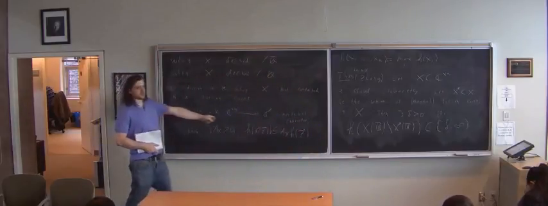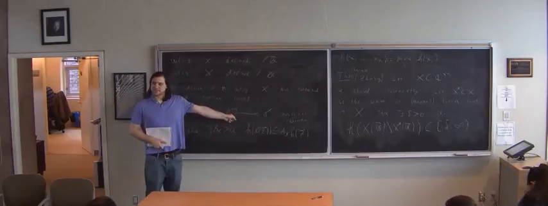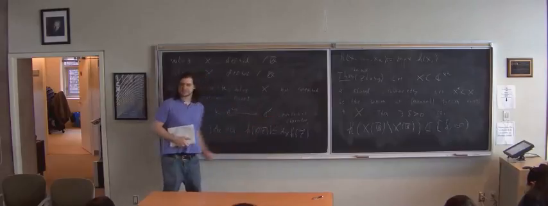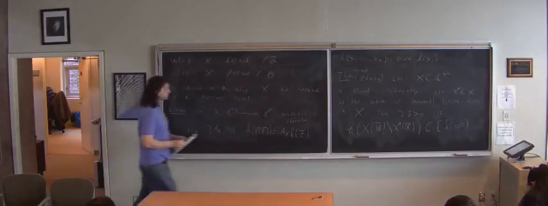So essentially, if you have a sequence of points here with small height, then if you take the image here, they have small height as well. Okay.